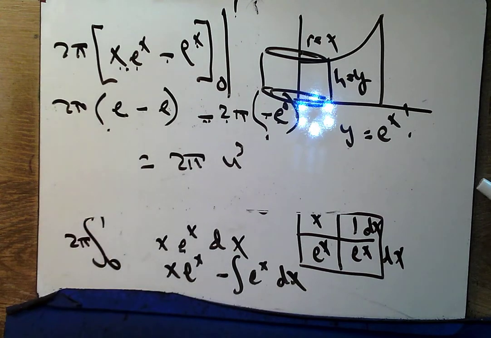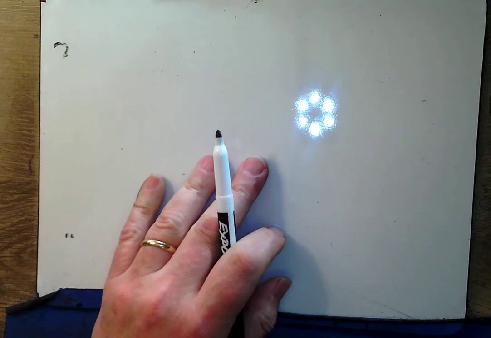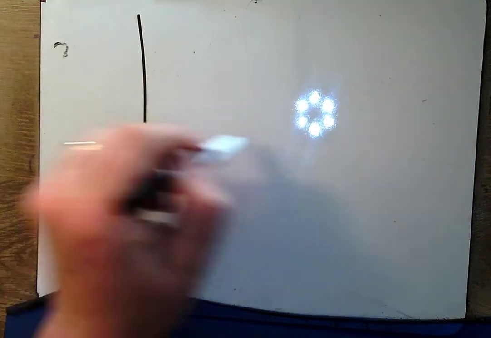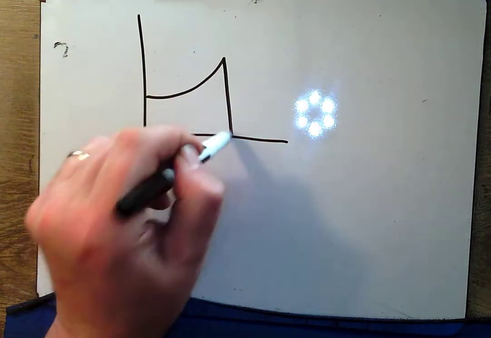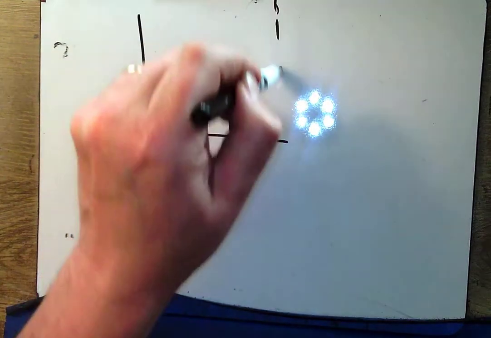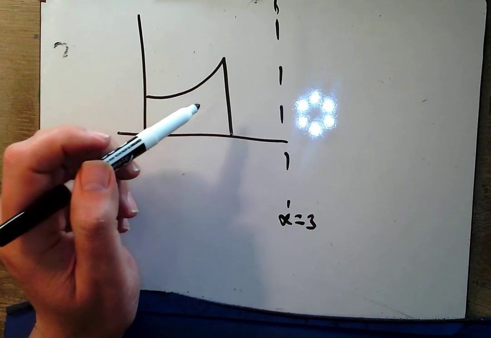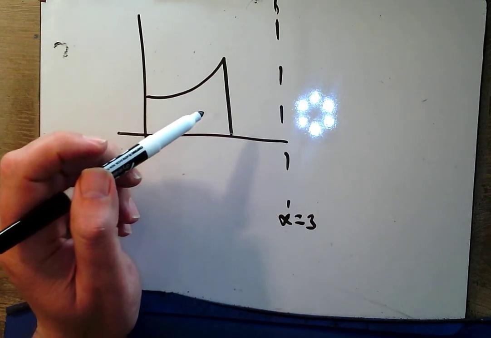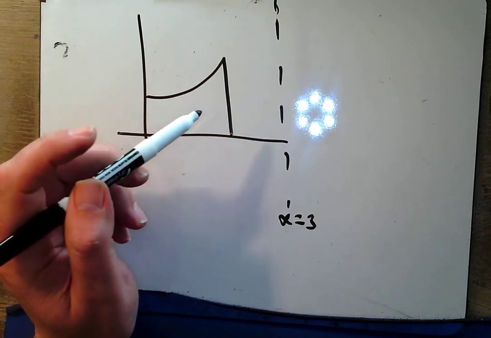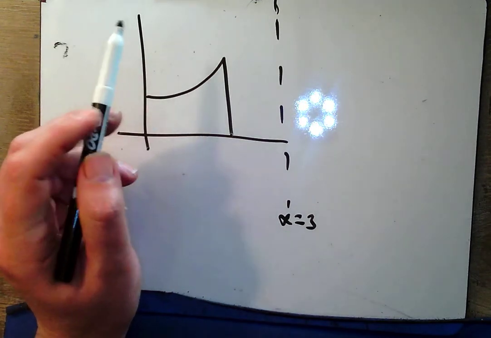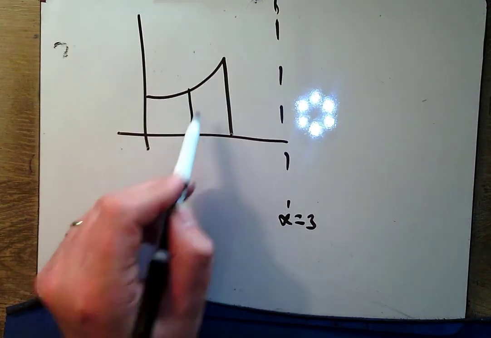Station 6 says I should use my calculator. We're taking that same region, 0 to 1, and we're rotating around the line x equals 3. We're not told whether or not to use shells or disks and washers, so I'm going to do shells.